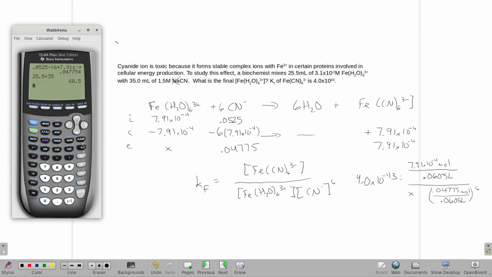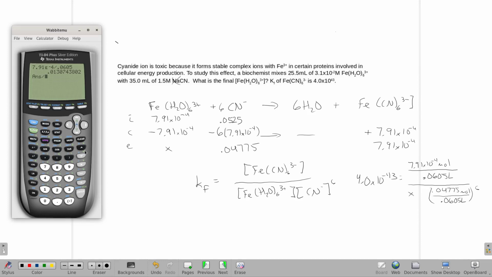So I'm going to solve this by taking that 7.91 times 10 to the negative 4th, that top, divided by 0.0605.